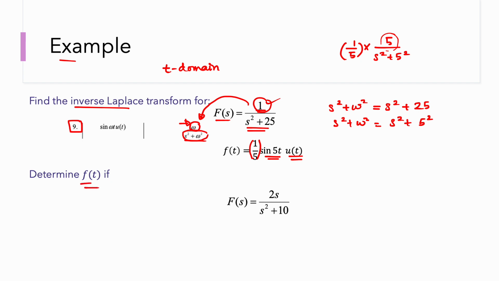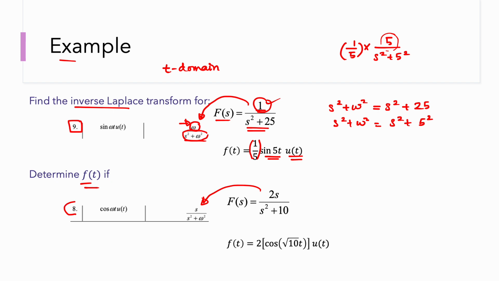Now there's another equation. Determine f(t), where the given equation is F(s) equals 2s over s squared plus 10. If we refer to the table, the similar equation is row number 8, cos omega t u(t), which has s in the numerator and s squared plus omega squared in the denominator.